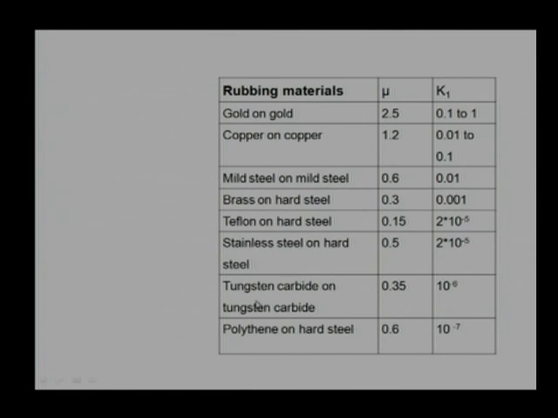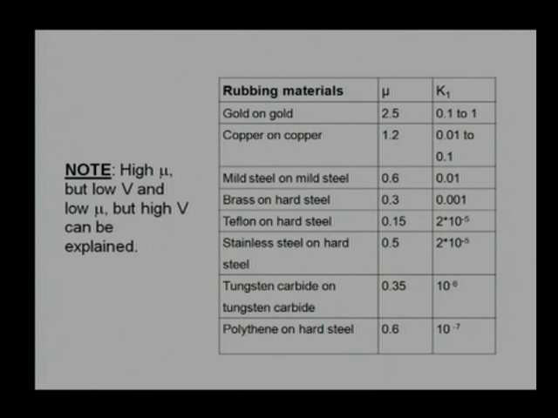So, we will just come back to that slide which we showed in the previous lecture. You see that in this case, as the coefficient of friction is decreasing, wear rate is decreasing, but here coefficient of friction is increasing again, but still the wear rate is decreasing, right. Now, what are the reasons?